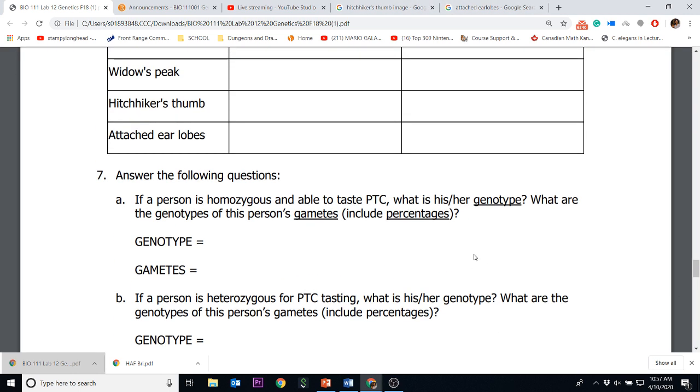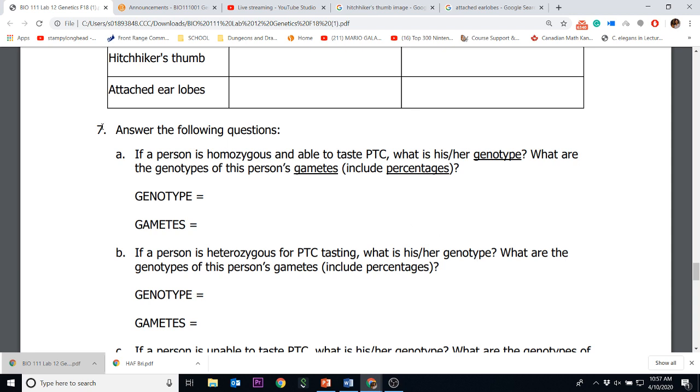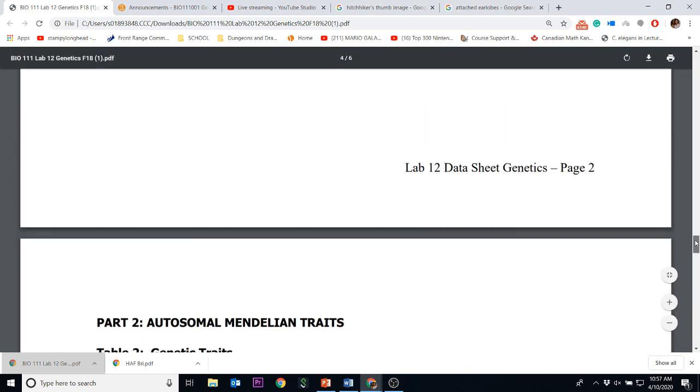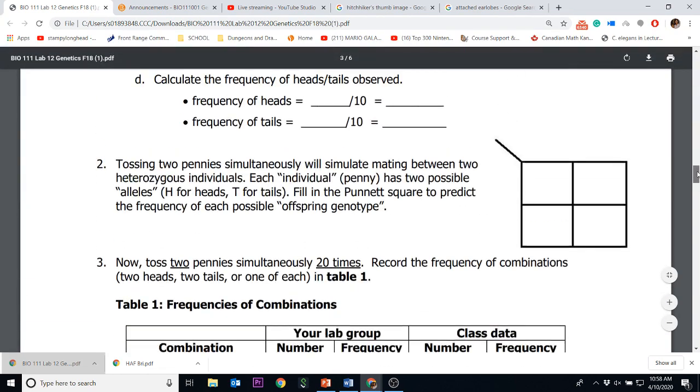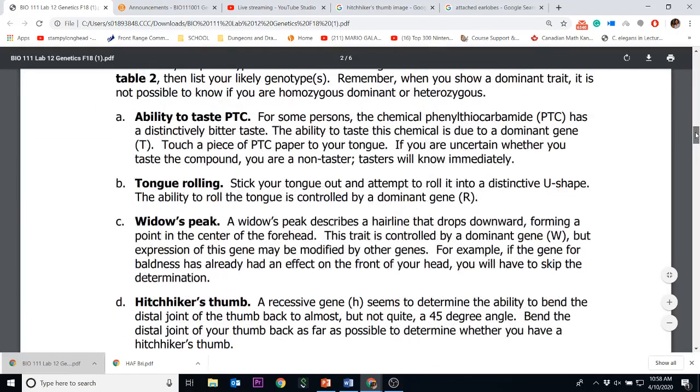Okay, so let's look at this. So for question number 7 here, they're saying that if a person is homozygous for tasting PTC. Okay, let's look at what PTC is first, since we're not doing it. So PTC is a chemical.